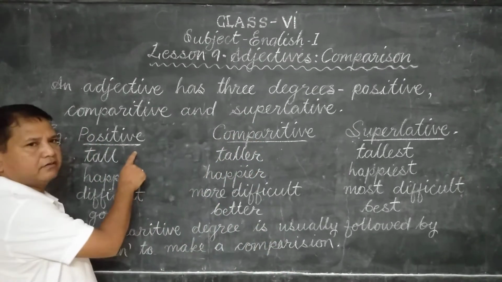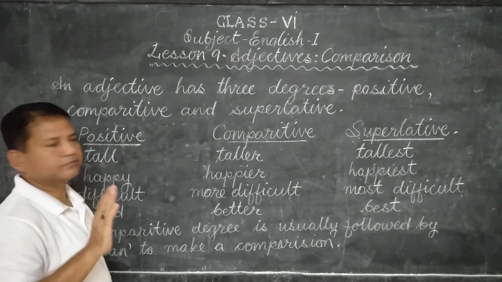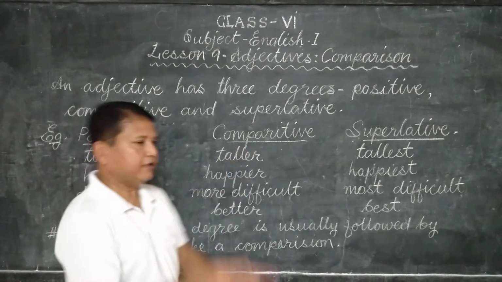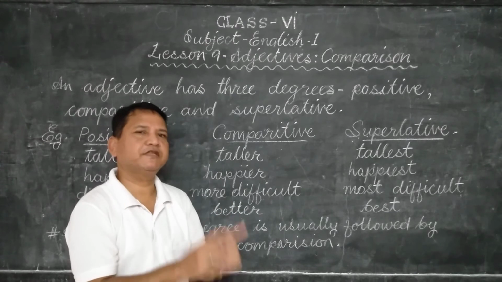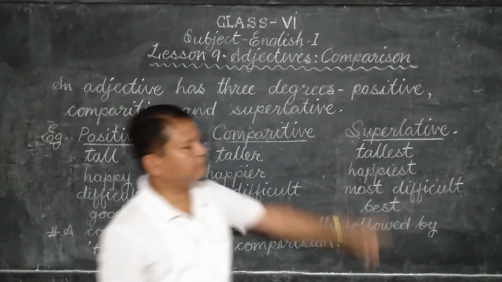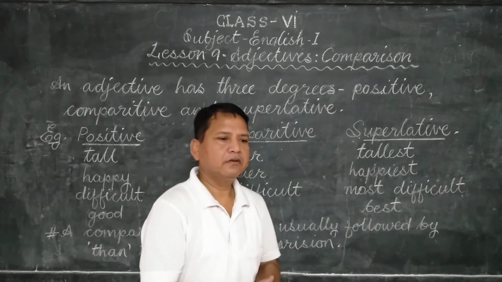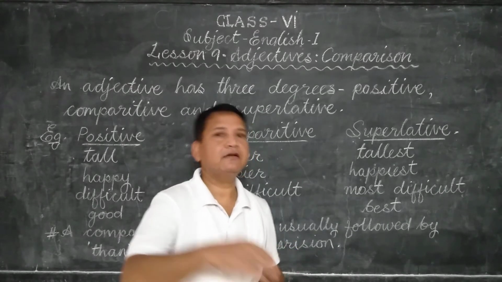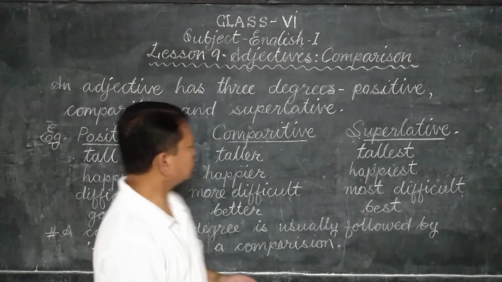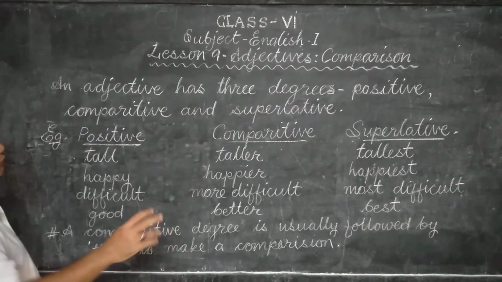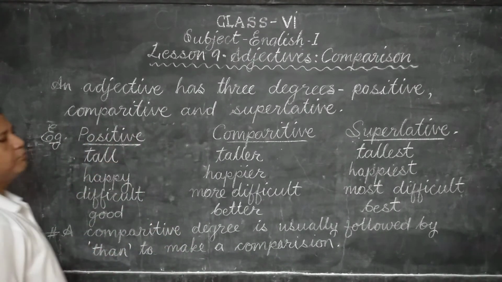And the superlative degree is for three or more. Positive degree, there is no comparison. Comparative degree, there is comparison between two things, persons, places, etc. Superlative degree, there is comparison between three and more. I will give you examples.